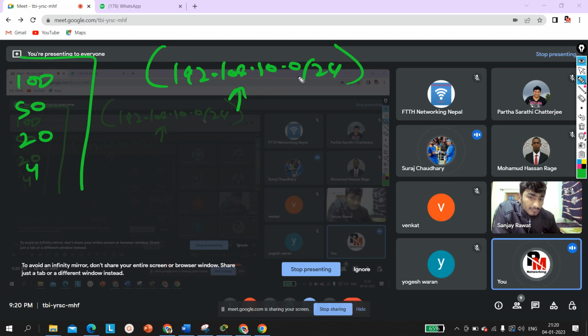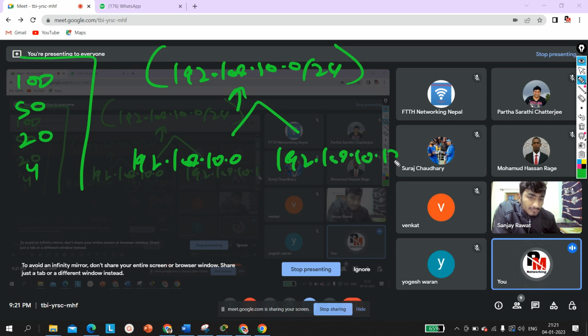See, if you divide this network in 2 parts, one will be 192.168.10.0 and the other one is 192.168.10.128, right? So this network will end on 10.255. So here you need one more network, right?